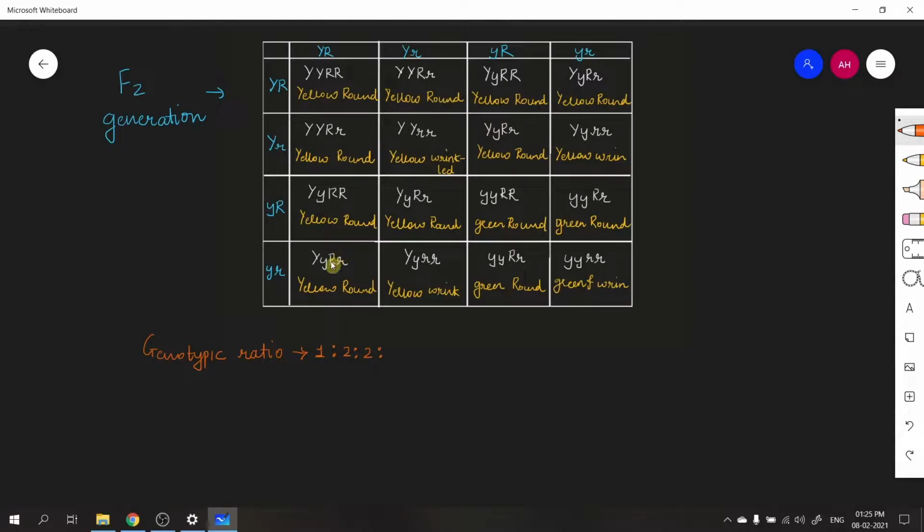Next is to consider this entire diagonal. All of them show capital Y, small y, capital R, small r, and they are 4 in number, right? So we write down number 4. Next, we consider this one, small y, capital R, capital R, which occurs only once here. Alright. Next, we consider these two, capital Y, small y, small r, small r. So both of them are same. So number 2.